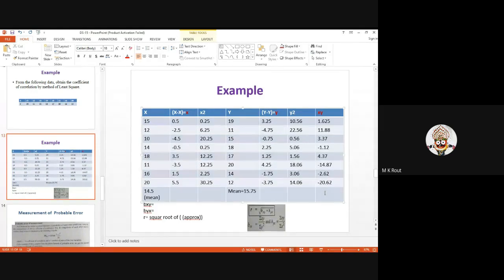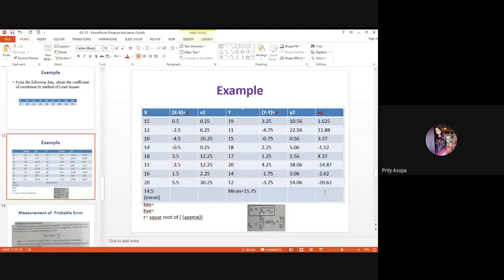Summation of xy. That means you have to add 1.625 plus 11.16 plus 3.37 plus 4.37. Then after that, deduct the rest of the values, that means minus 1.12, minus 14.87, then 2.62, and the last is 20.62. So what is the summation of xy here? Anyone?